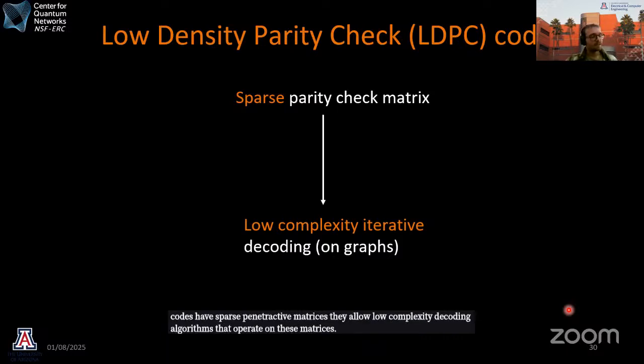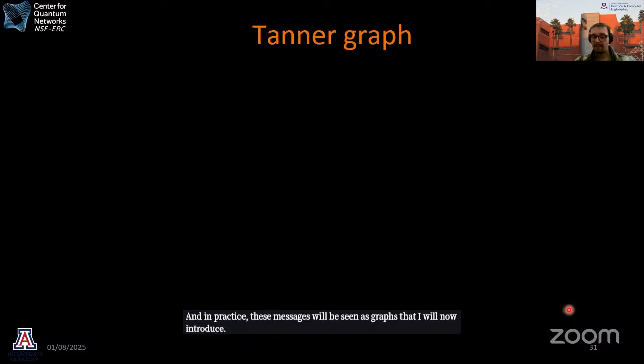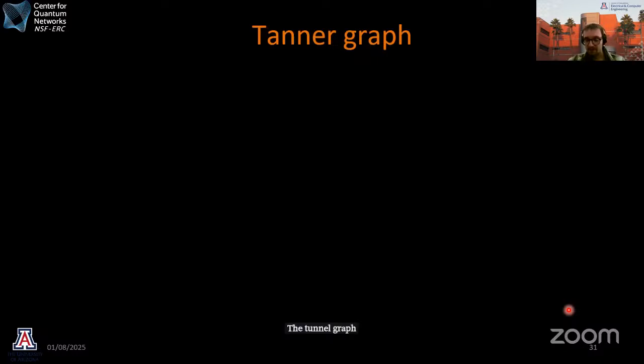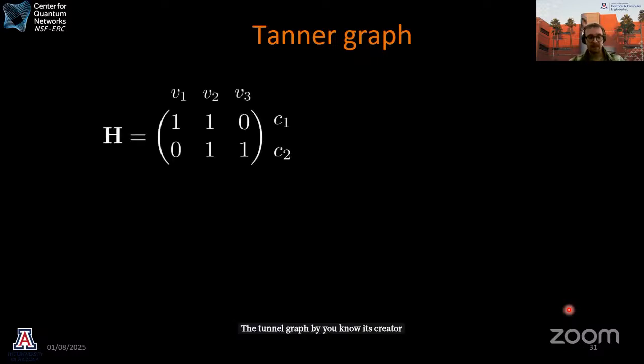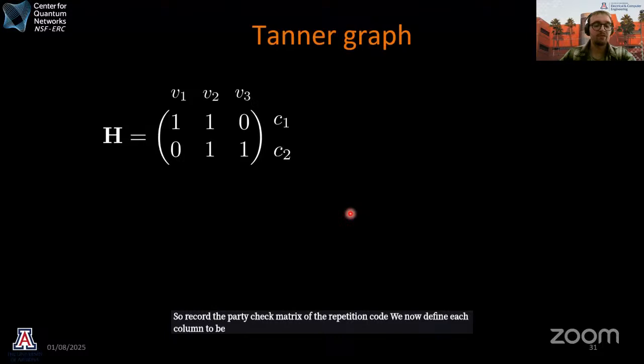And in practice, these matrices will be seen as graphs that I will now introduce. The Tanner graph, named after its creator, Michael Tanner. So recall the parity check matrix of the repetition code. We now define each column to be a node of our graph, of a Tanner graph.